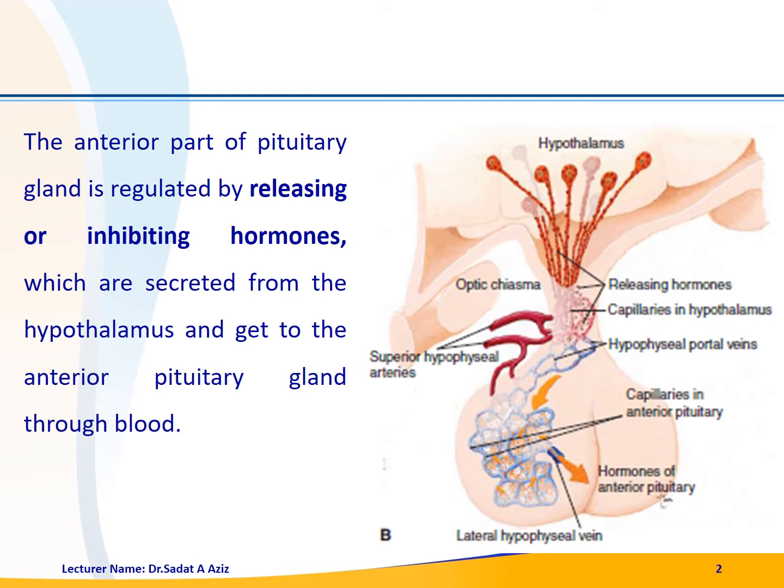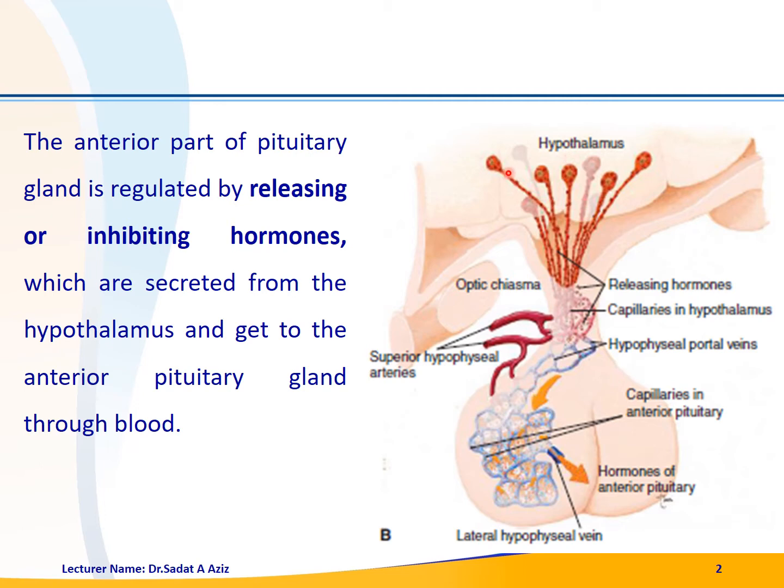The first part is called the posterior part of the pituitary gland, and the second part is called the anterior part of the pituitary gland. The posterior part of the pituitary gland is a direct extension of the hypothalamus.